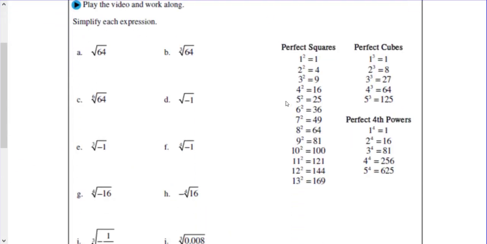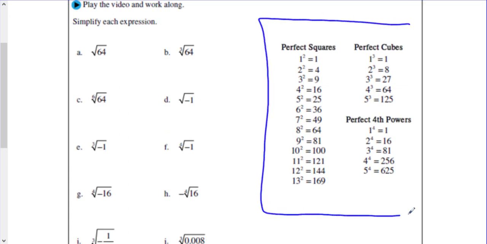All right, so now, if you see over here, it gives you kind of the perfects like I give you on the sheet that I'm asking you to print out. So it gives you perfect squares over here, your perfect cubes, and your perfect fourths. So we can come over there and we can look. If we've got the square root of 64, you find 64 over here on the equal part. There's 64.